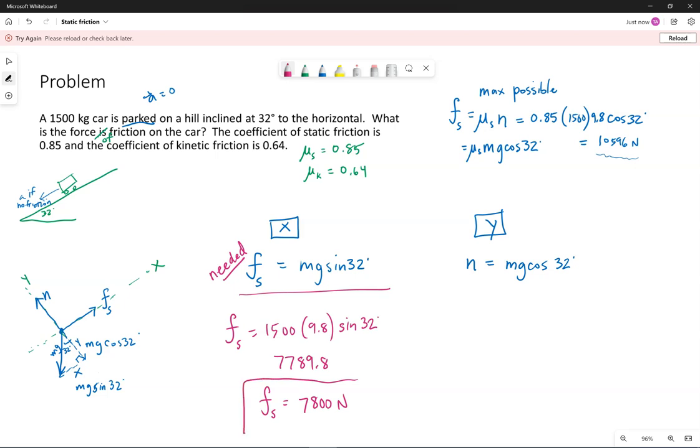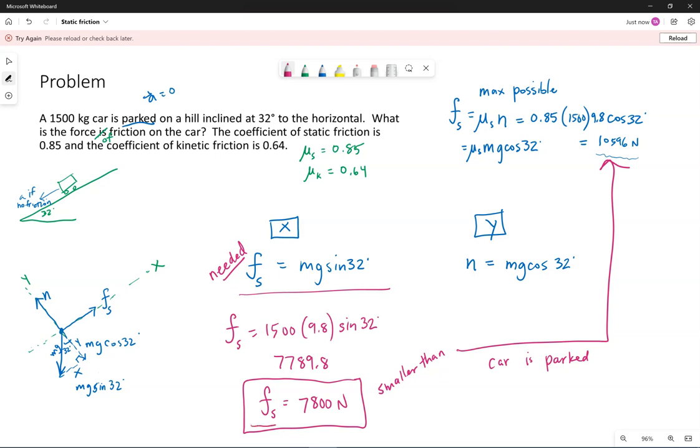This value is smaller than the value calculated using mu s, that coefficient of static friction, times the normal force. That means the car is parked. This friction force is not bigger than the maximum possible value.